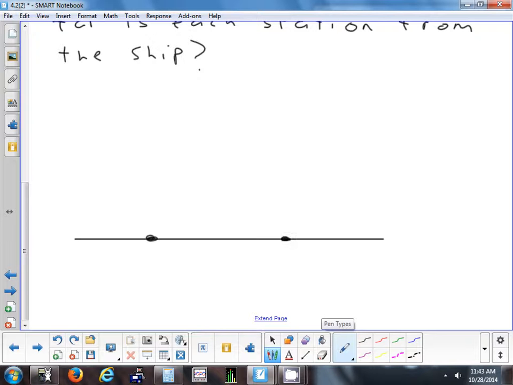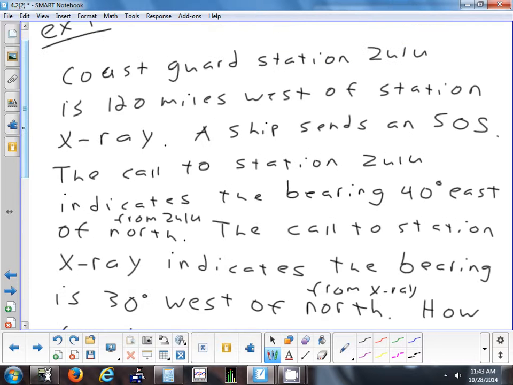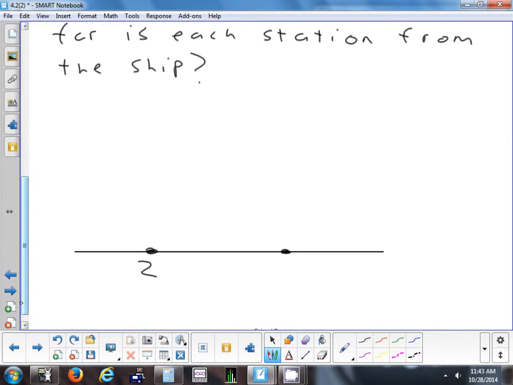I have to go back and remember which one was to the west, so it says Zulu is west. So this would be Zulu, X-ray, 120 miles between the two. Okay, the boat, somewhere out there. Again, it's not necessarily to scale.